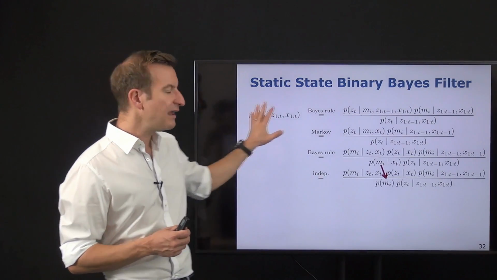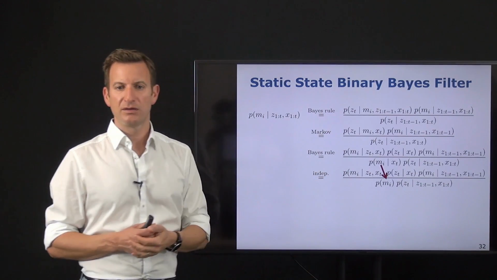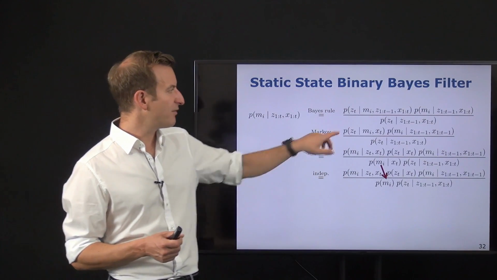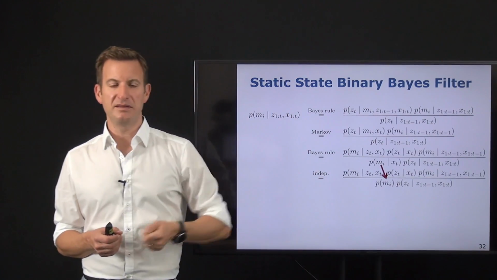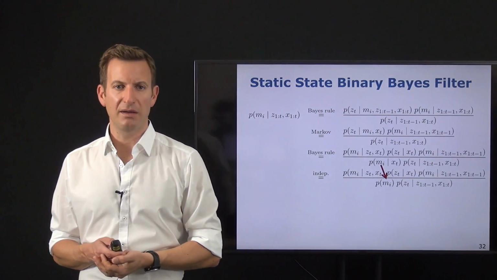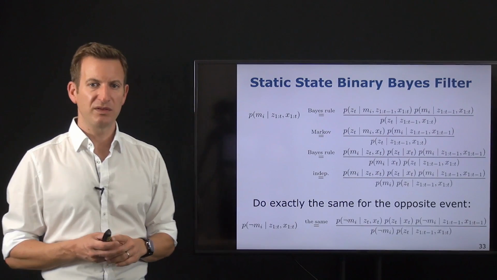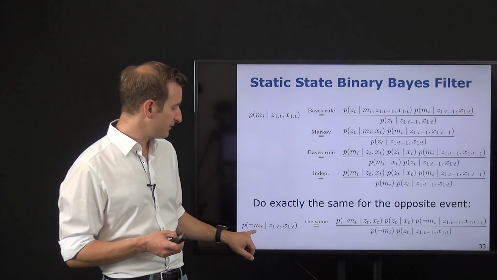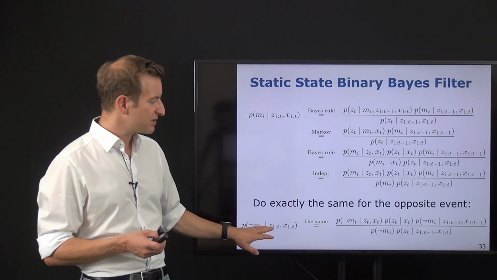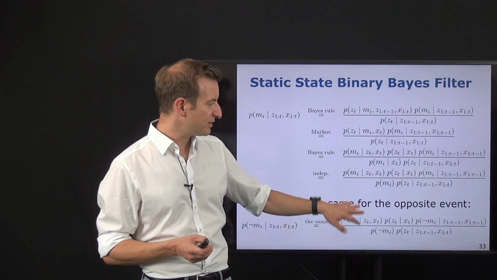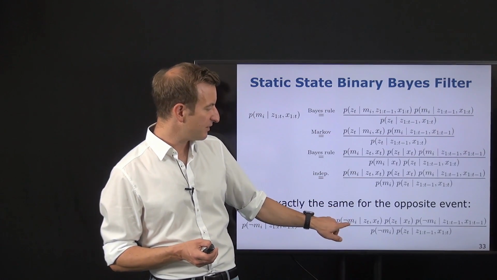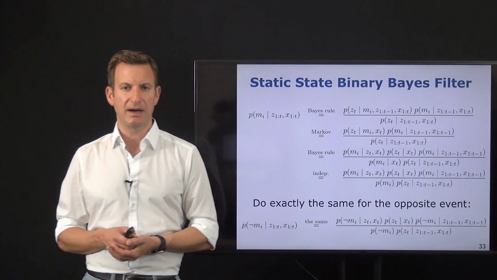We'll get exactly the same derivation, except wherever there's an mi, there will be the negated event, not mi, and the rest will stay exactly the same. So just by doing the same thing for the opposite event, p of not mi given the same observations, I end up with exactly the same equation as the one I had here, except that every mi is replaced by not mi.